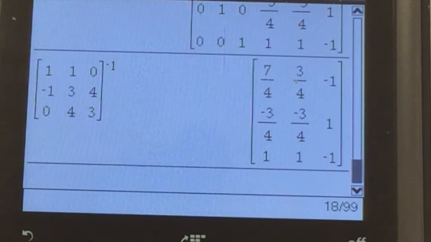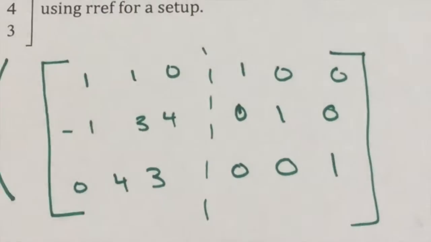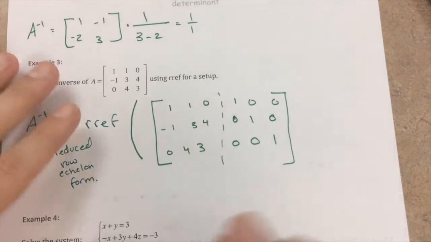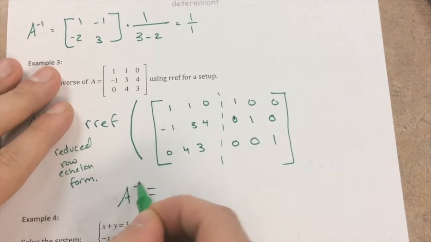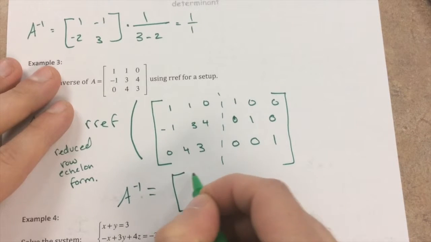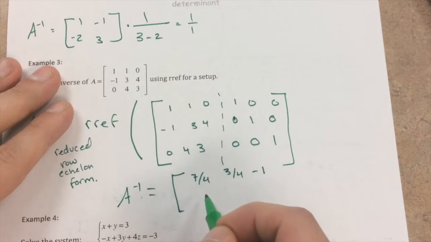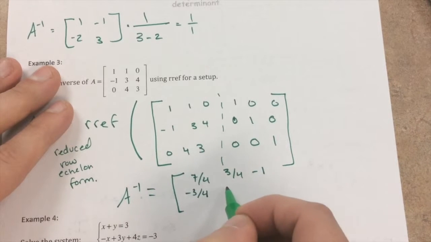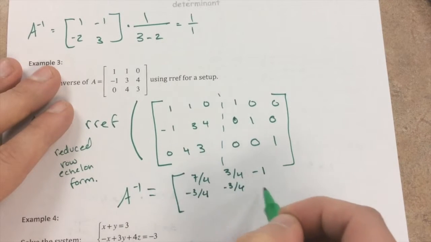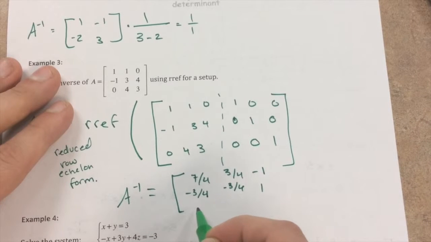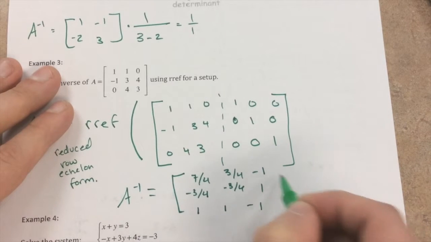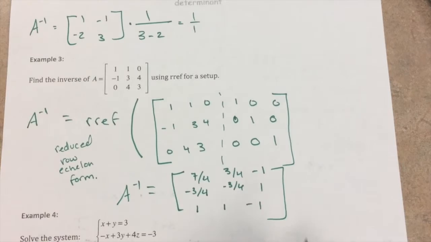So we have multiple different ways because reduced row echelon form was originally how people did those by hand, but A inverse is equal to 7 fourths, 3 fourths, negative 1, negative 3 fourths, negative 3 fourths, 1, 1, 1, negative 1. So people used to do these by hand to solve much larger systems.